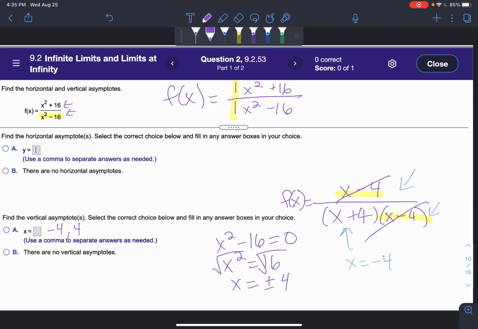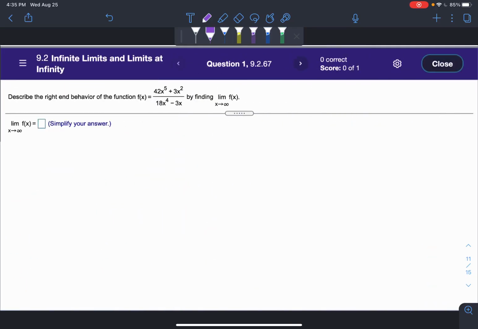Okay, so I think this is the second to last objective, if I'm not wrong, but we are going to talk about the end behavior of this function. Okay, so we have the limit as x goes to infinity of 42x to the fifth plus 3x squared over 18x to the fourth minus 3x.